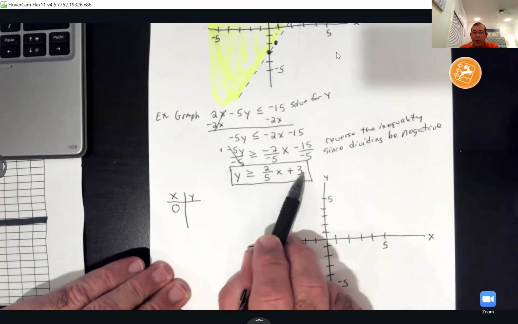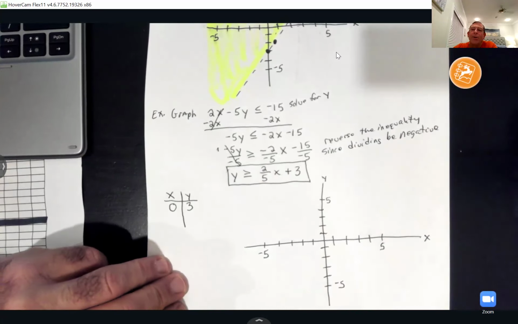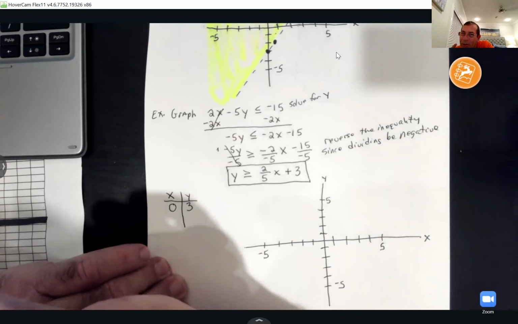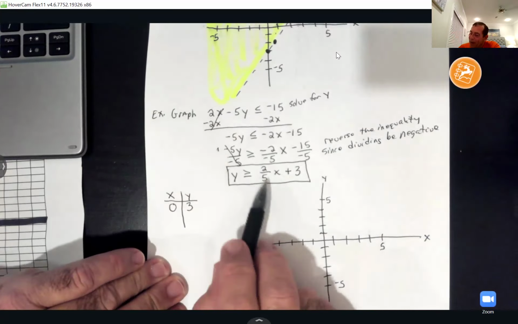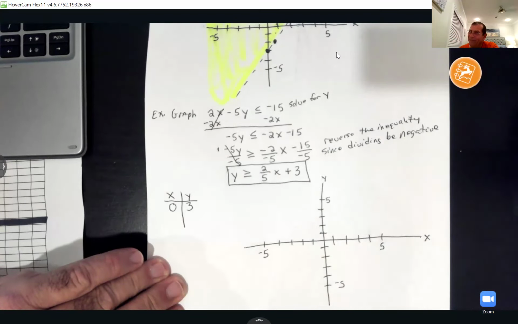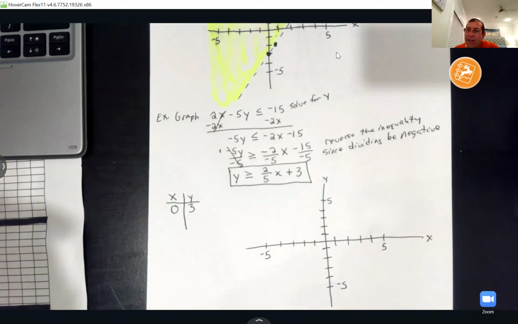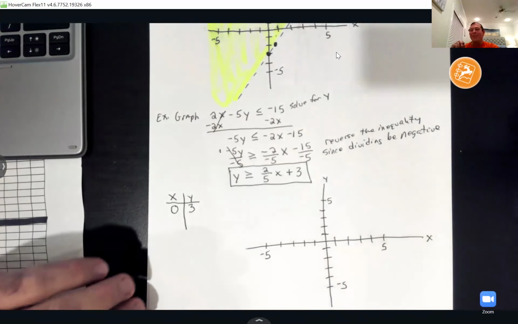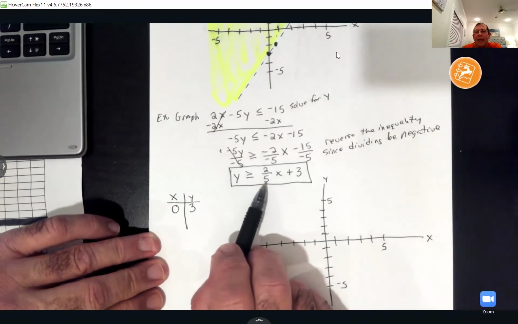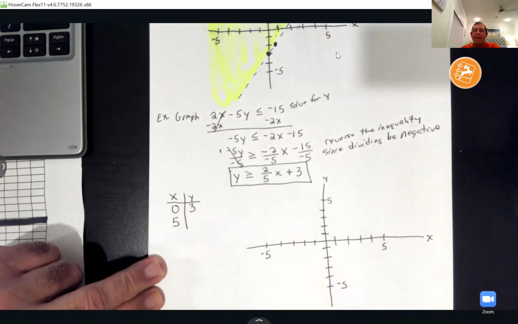And 0 plus 3 gives me a 3. So let's see if y'all remember back from our first week or two. When I did these fraction equations, what was my second x going to be? And remember, I hate adding fractions, okay? So if you want to get rid of this fraction, this x needs to match that denominator. So my second x will be a 5.